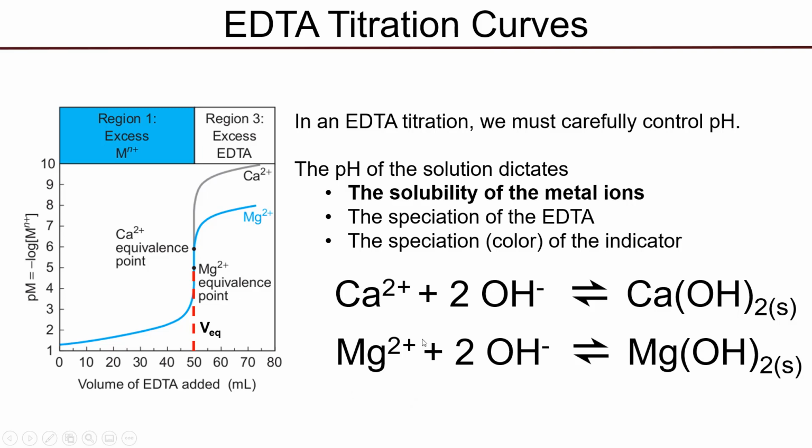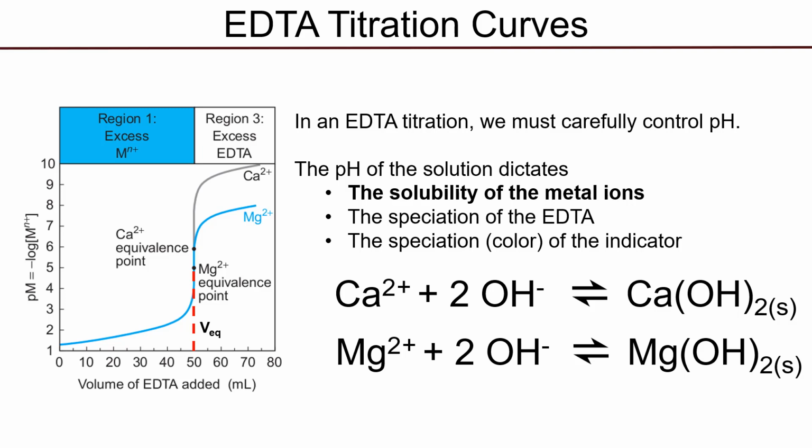And if we have magnesium, magnesium will also precipitate in the presence of hydroxide ligands, forming magnesium hydroxide. So we have a competing equilibrium where the metal ions can react with hydroxide anions to form insoluble precipitates, removing them from solution and preventing us from using our usual straightforward interpretation of the stoichiometry.